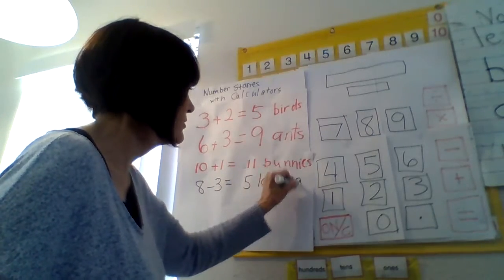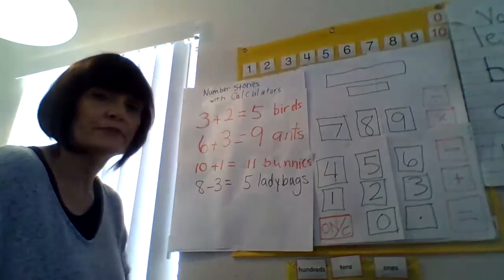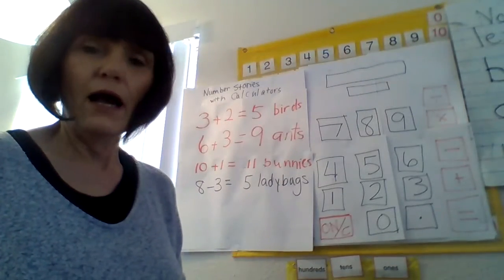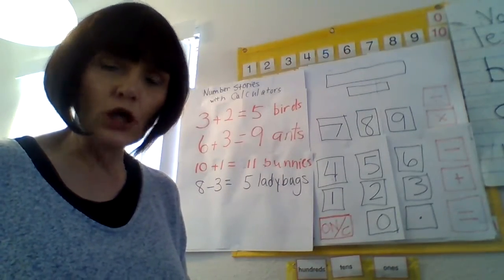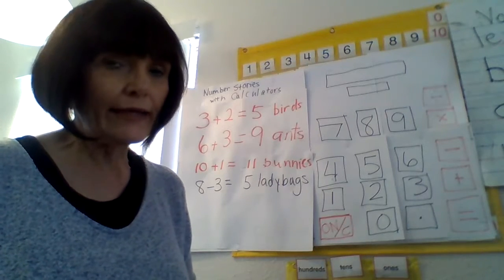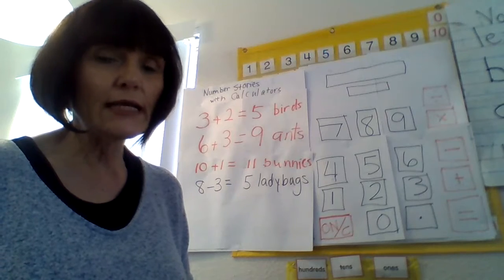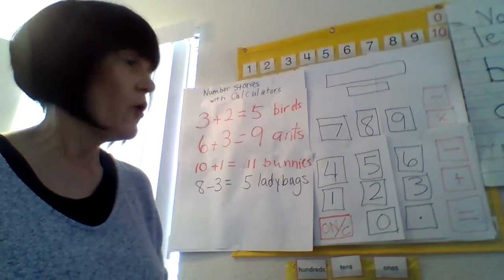Hey, compound word, ladybugs. Let's do a little harder one about donuts. Are you ready? I bought 12 delicious donuts. I ate half a dozen donuts. I bought a dozen, ate half a dozen. Okay, 12.